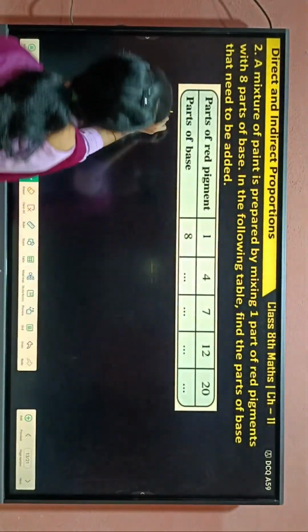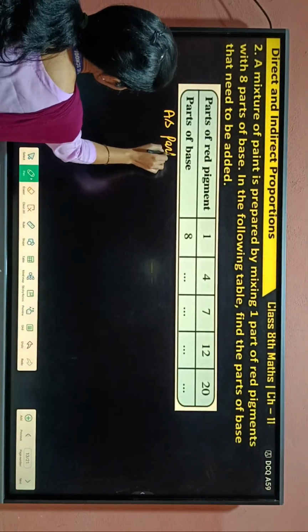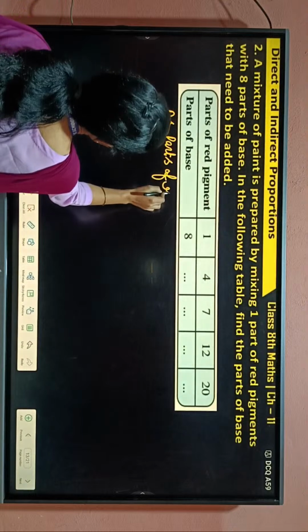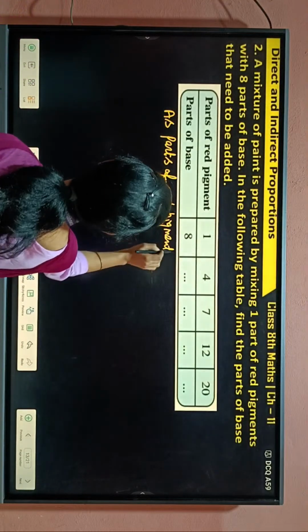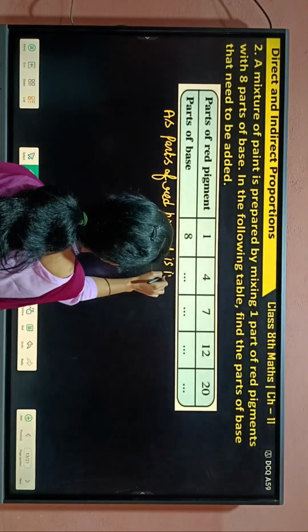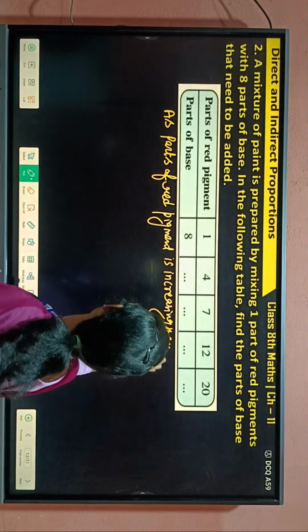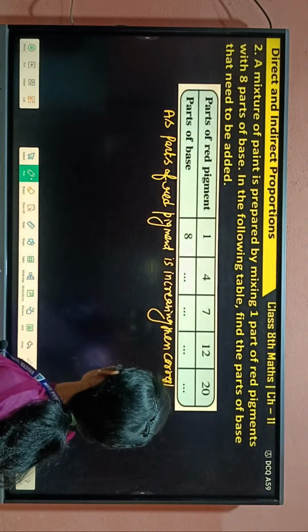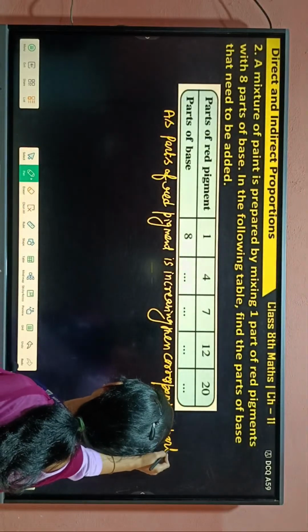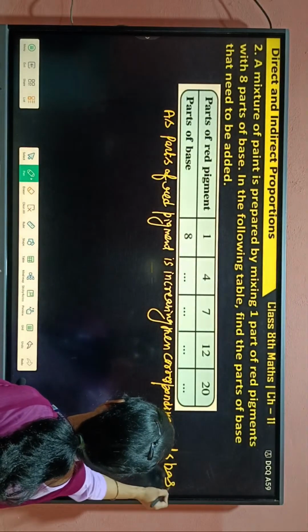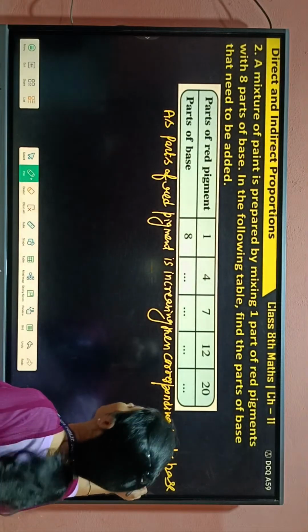As parts of red pigment are increasing, the corresponding parts of base will increase.